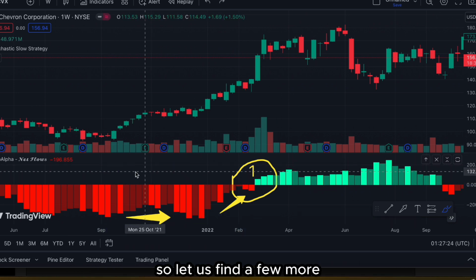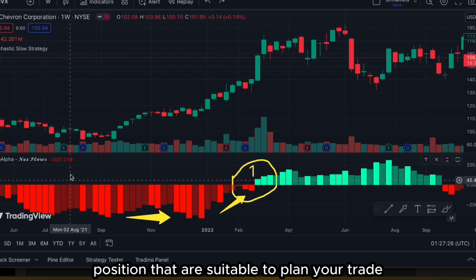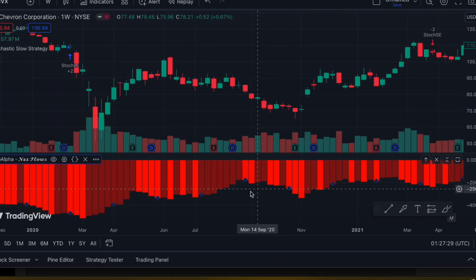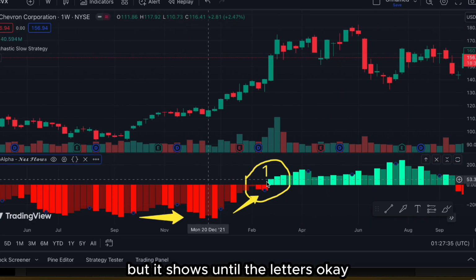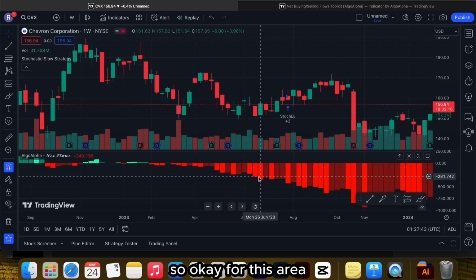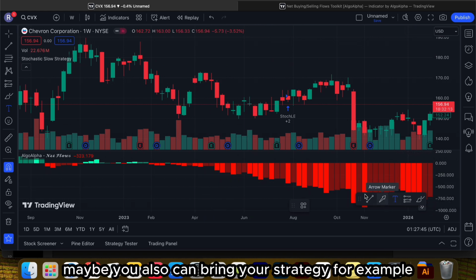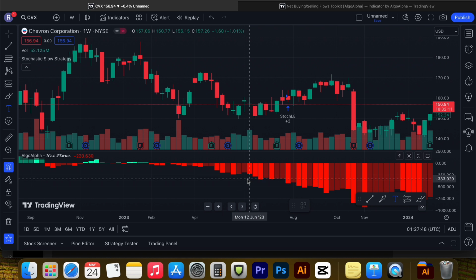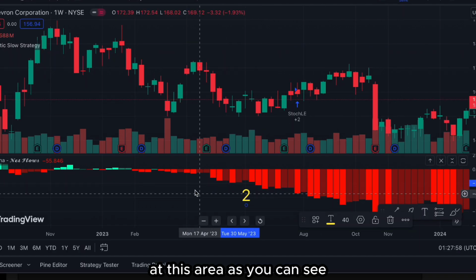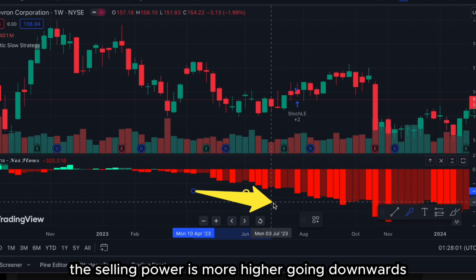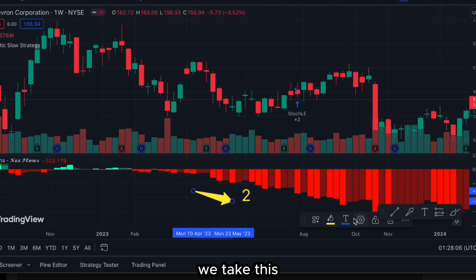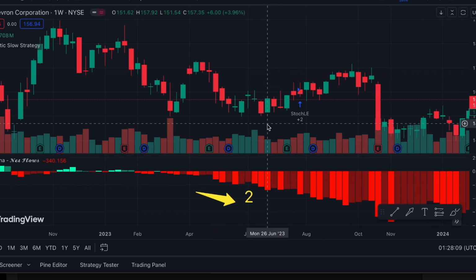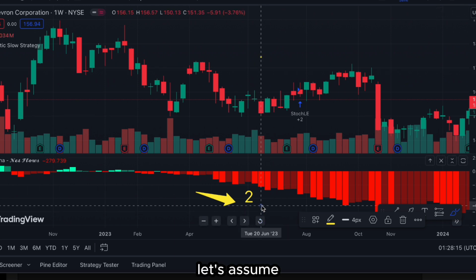So let us find a few more positions that are suitable to plan your trade. Basically this is all red, but it shows until the latest. Okay, so for this area, maybe you also can plan your strategy. For example, at this area, as you can see, the selling power is higher, going downwards.